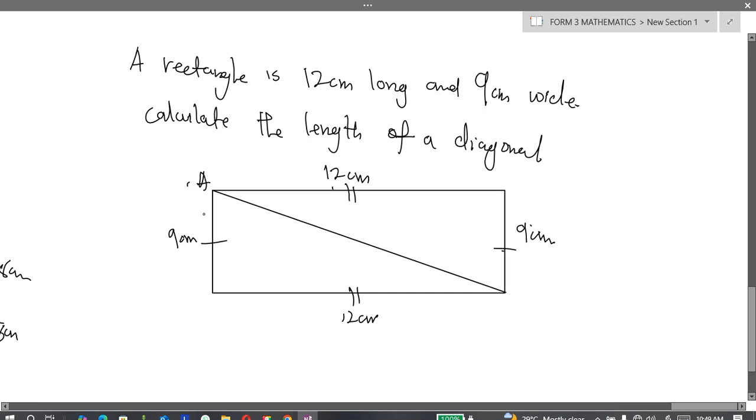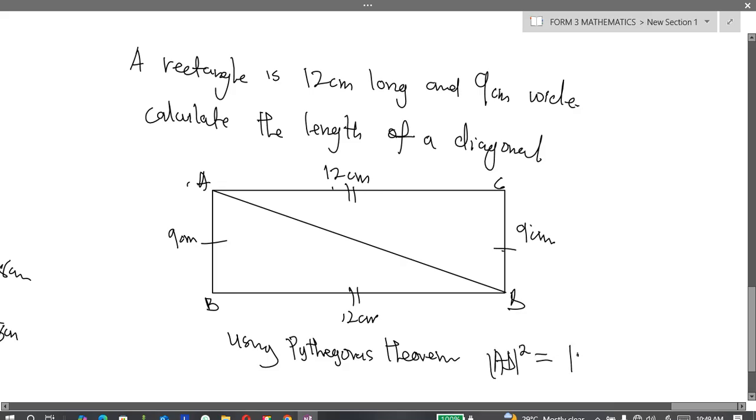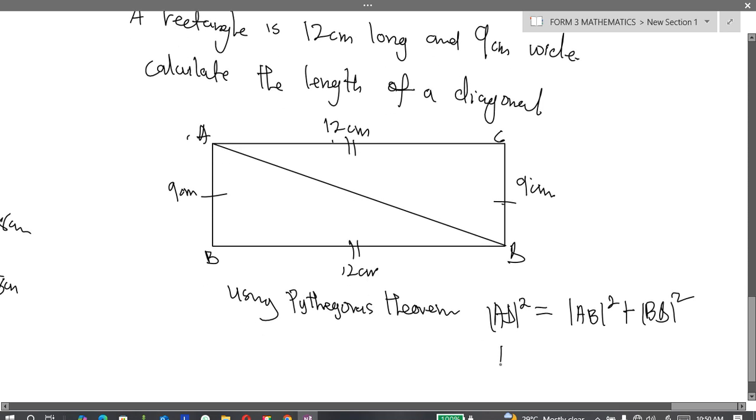Now let's label it A, B, C, D. The length of the diagonal will be AD. So in order for us to get AD, using Pythagoras theorem, AD squared will be equal to AB squared plus BD squared. AB is 9 squared plus BD, which is 12 squared.